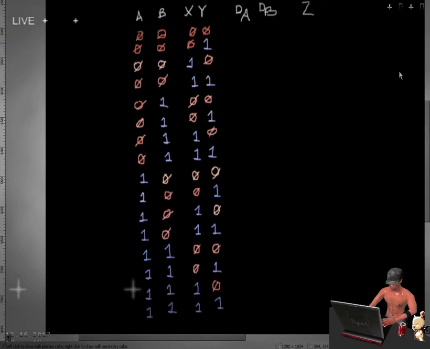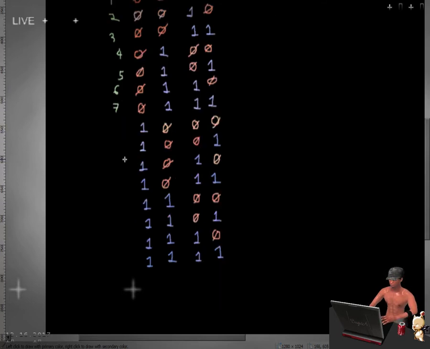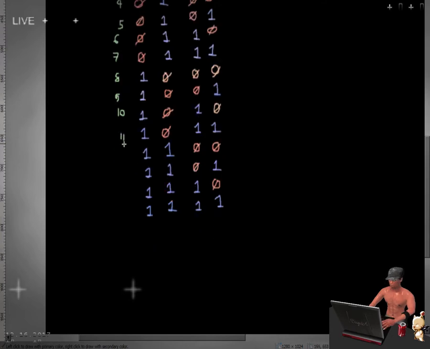I'm going to go ahead and write the minterms down just so that we don't get confused. I just want to make sure that everything is on point. We end up on 15, we did good.